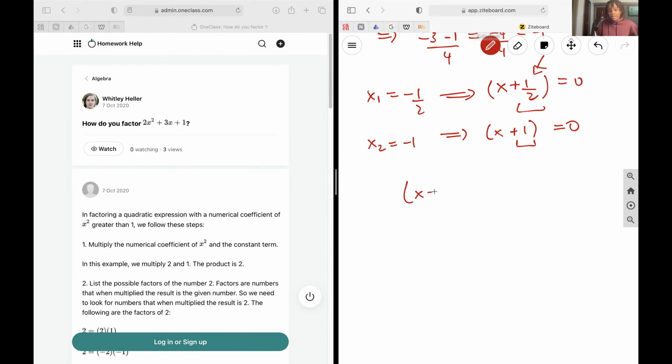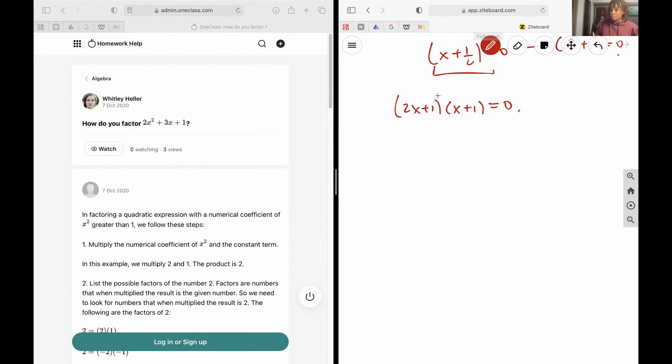So I can rewrite x plus 1 over 2 is equal to 0 by multiplying the entire thing by 2. And this will give me 2x plus 1 is equal to 0. That way my two solutions are 2x plus 1 and x plus 1 is equal to 0. And I can tell when I multiply the 2x by x, I get the 2x squared that I was expecting. And so we can just double check that this is correct. Do your FOIL.